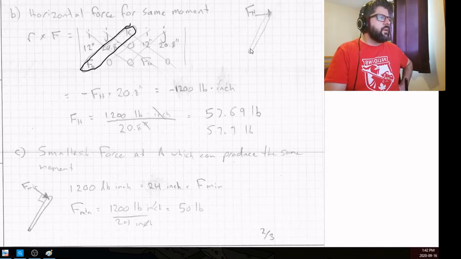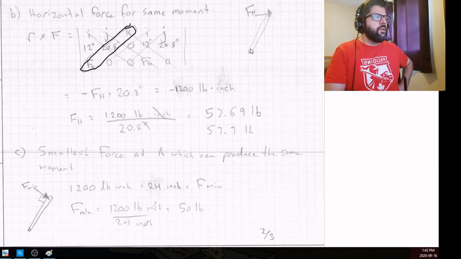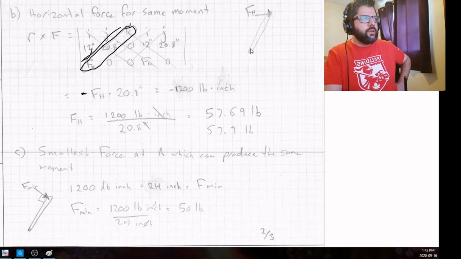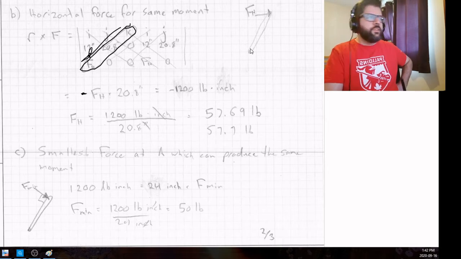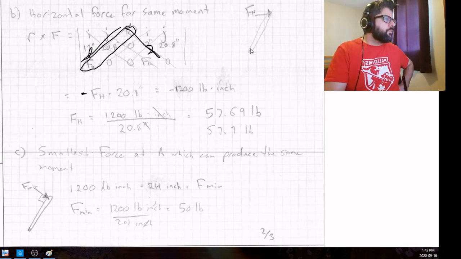So again, that ends up with 20.8 inches crossed with our FH, but we throw the negative sign on there because we're slanting to the back when we're using this methodology rather than to the forward.